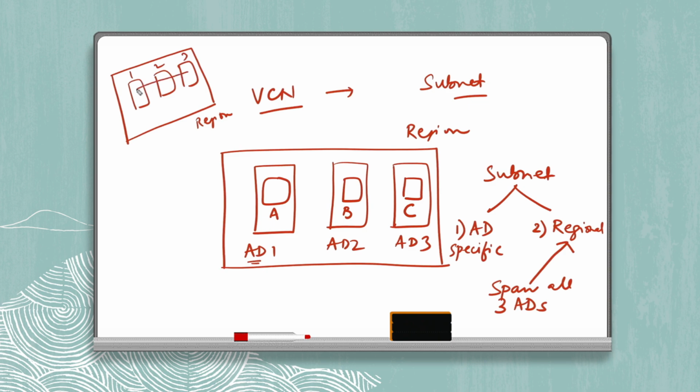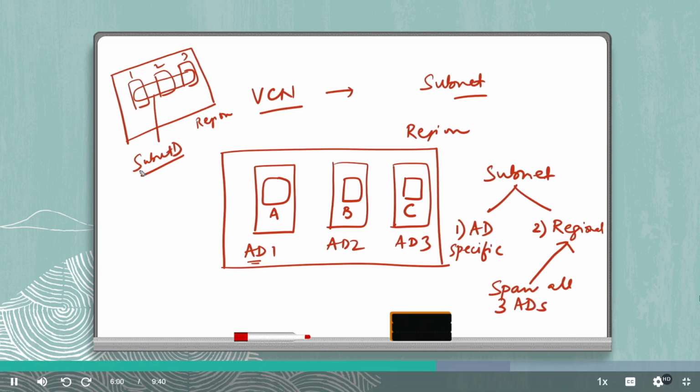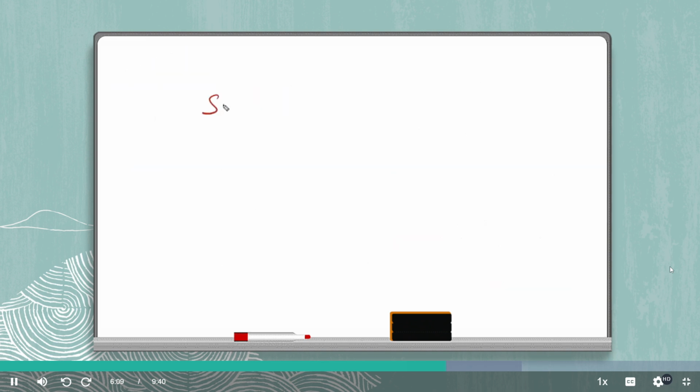So you can create a subnet, let's say subnet D, that can span multiple availability domains. But this will only be the case in a multi-AD region. If your region has a single availability domain, it's one and the same, right? Whether you are creating a subnet in one availability domain, AD specific, or regional.